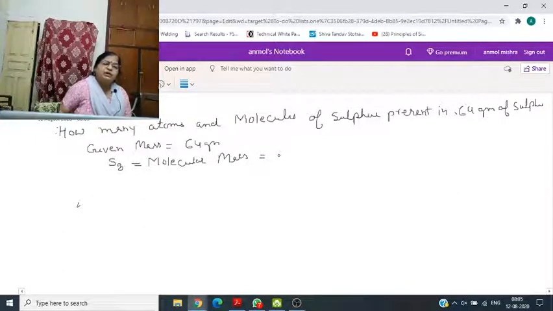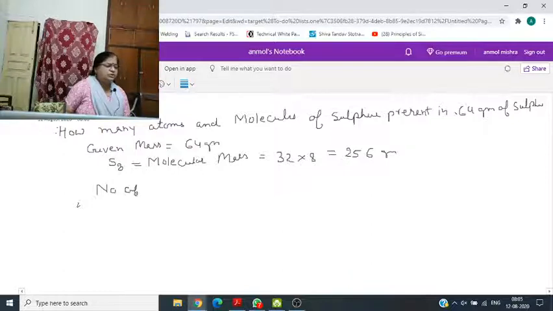atomic mass of 1 mole of S is 32. So 32 into 8, it comes out 256 grams. So first we will calculate the number of molecules.